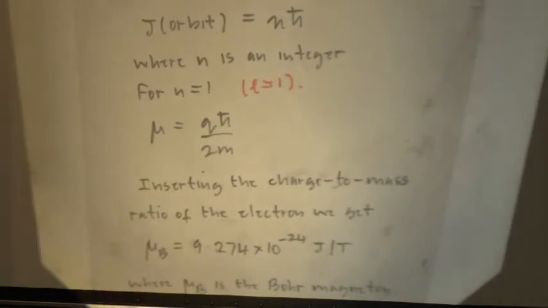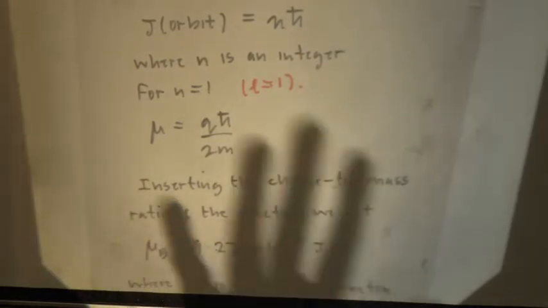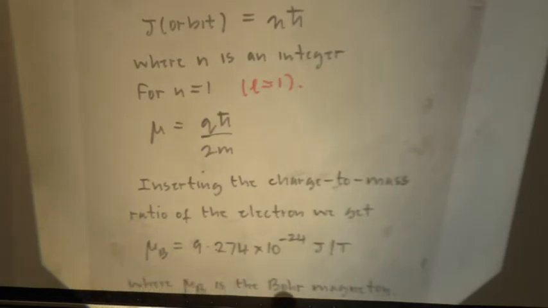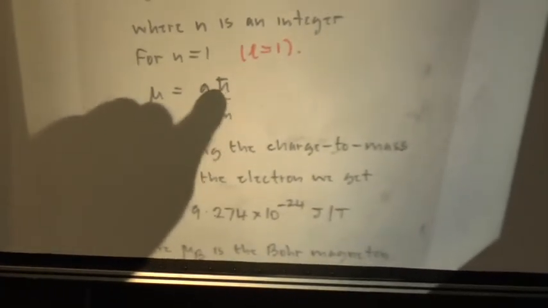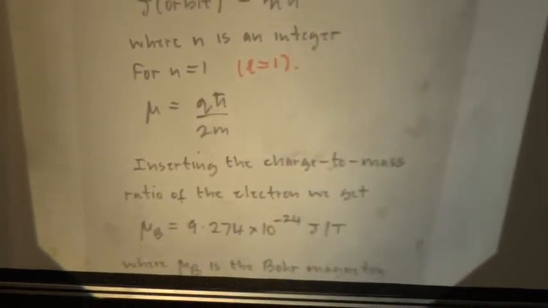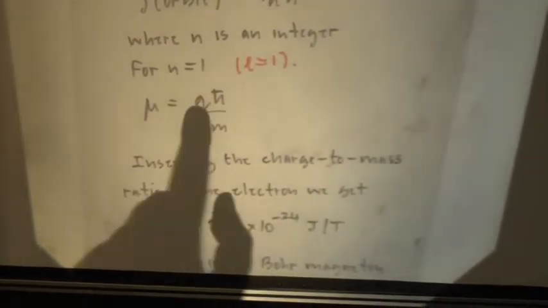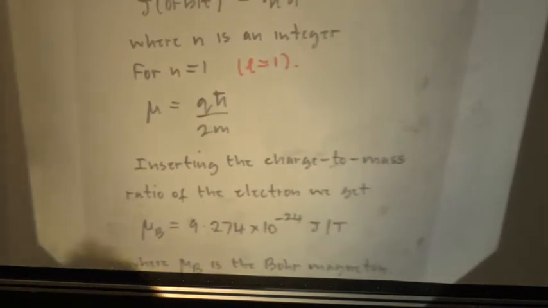Again, I'm not testing that, I'm just mentioning it, that you'll see this Bohr magneton used a lot, because in every magnetic problem you get the charge to mass ratio and Planck's constant, because the angular momentum is quantized. But this, of course, is a derived unit. You can get it from the more fundamental units of these quantities.